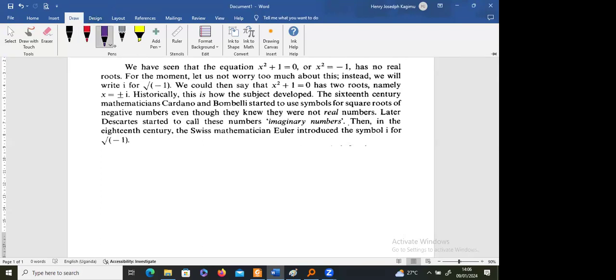So we have seen some of this coming, and the mathematicians that came before us had issues with the square root of a negative number. All along, we have said we don't know the square root of a negative number, and they also had those issues. And we came in and said the square root of a negative number is not real. Indeed, it isn't. Now, we would stop there.